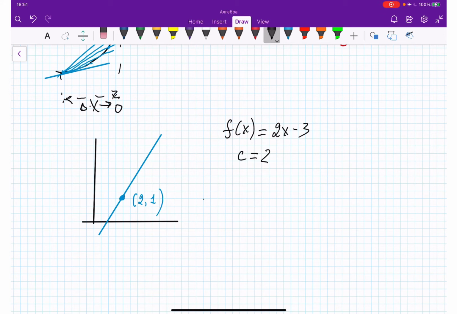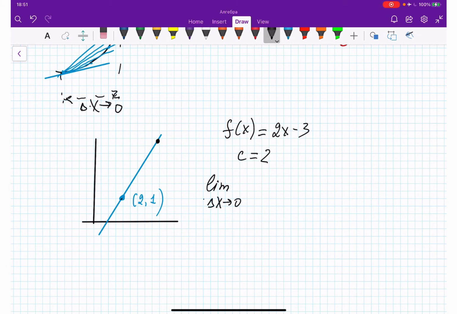If this is my 2, let's say this ending point is going to be 2 plus delta x, which means we are going to have the limit as delta x approaches 0.